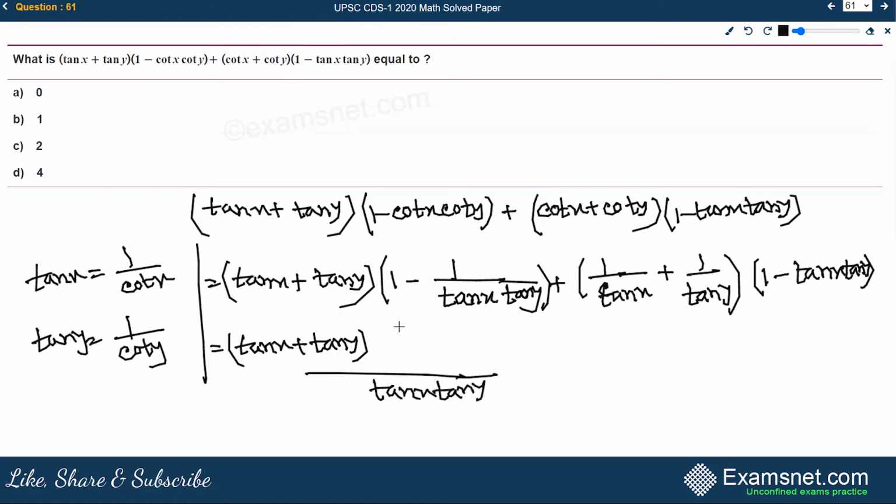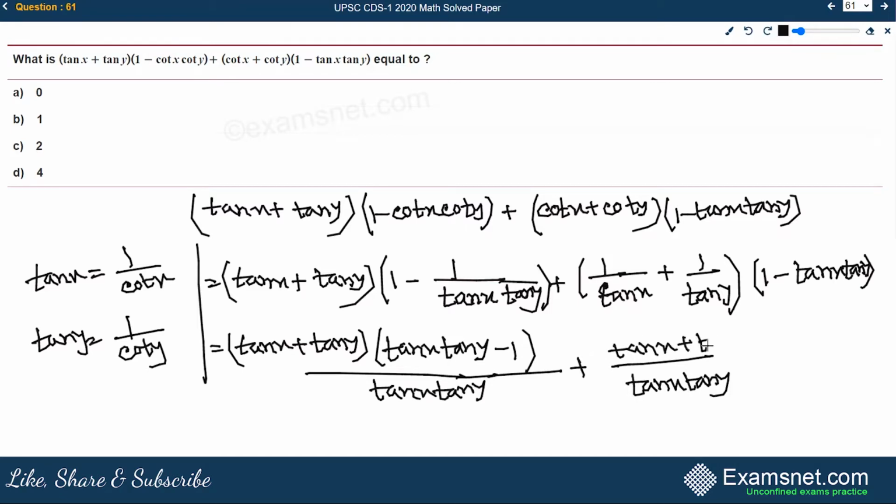So it will become tan x tan y minus 1. Next plus, so here we have tan x tan y and tan x plus tan y multiplied by 1 minus tan x tan y.